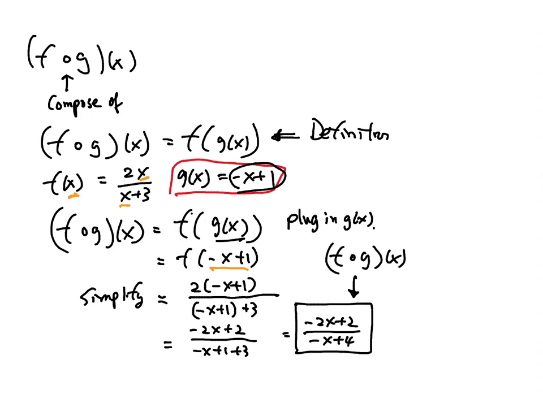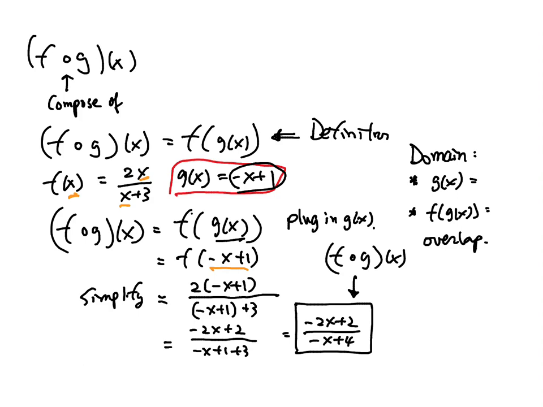Now, let's look at the domain. The domain is going to be a little tricky because there are actually 2 things you have to look at: g of x and f of g of x. Then we're going to find where they overlap. The reason we have to look at g of x is that g of x is the first function that we use to substitute.